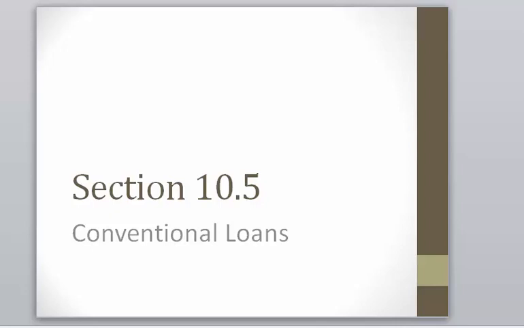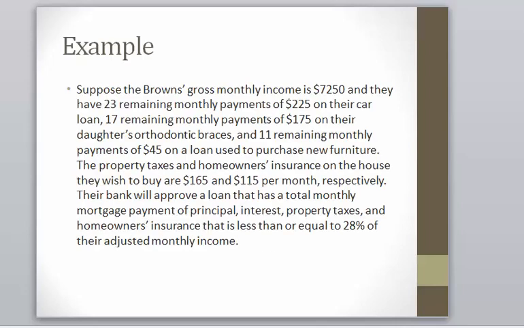We're first going to look at an example for a conventional loan. Suppose the Browns' gross monthly income is $7,250. As we go through this, we want to talk about these terms. Gross monthly income means income before any deductions have been made.